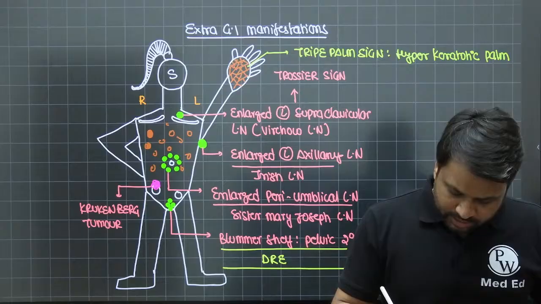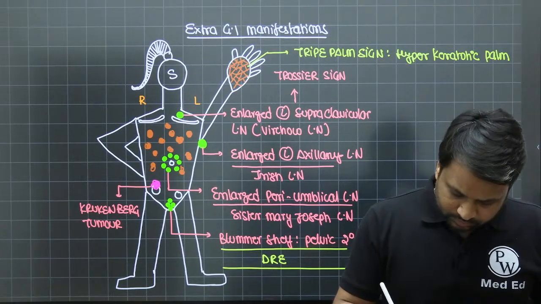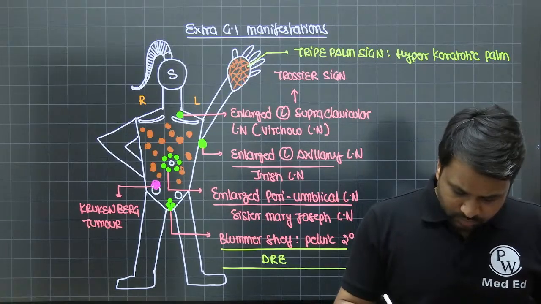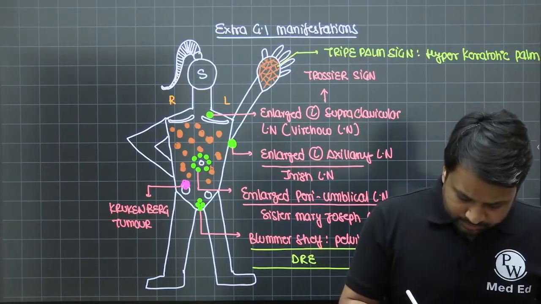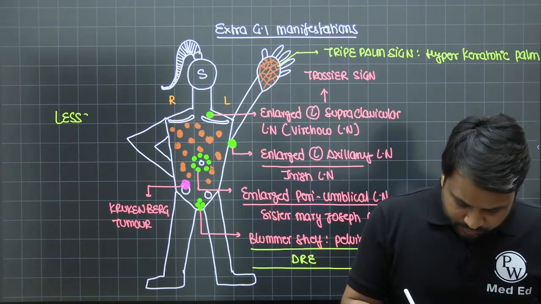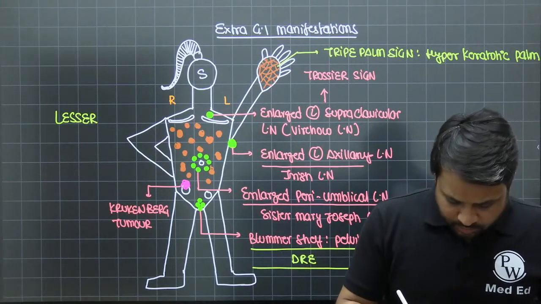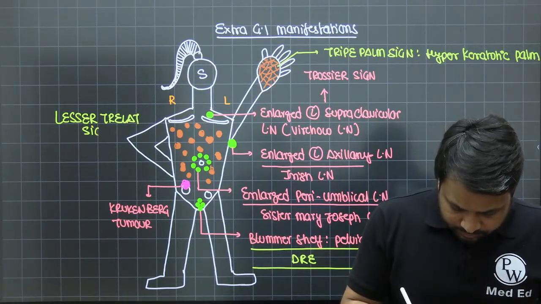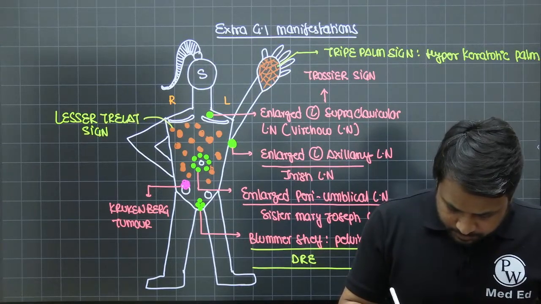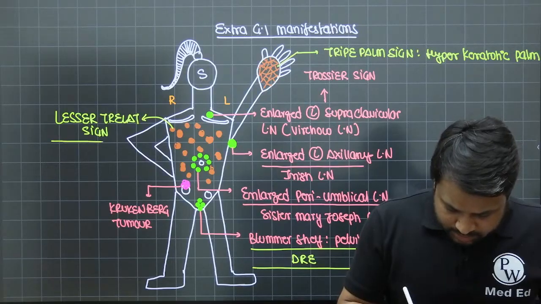All the skin lesions that you're seeing on the torso or on the back, this is what we call the Leser-Trélat sign. So what is this Leser-Trélat sign?